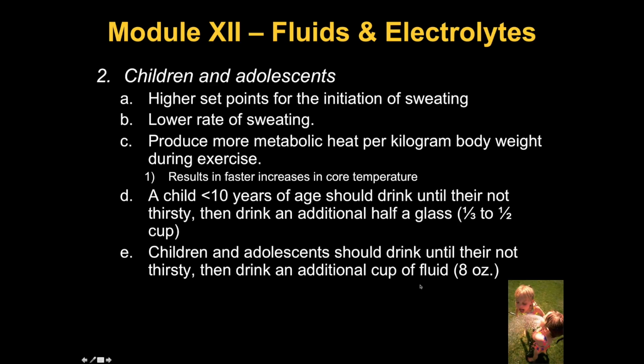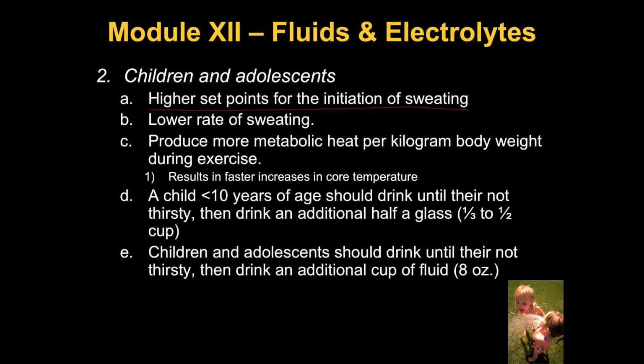As far as children and adolescents are concerned, the most important point to remember is that there's a higher set point for the initiation of sweating. In other words, the child or adolescent is going to get much hotter than an adult would before they start engaging the sweating mechanism to cool their body off.